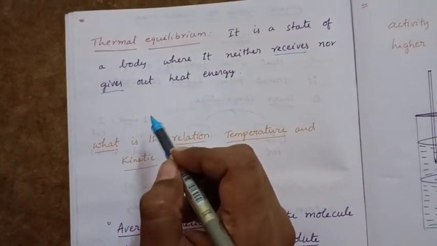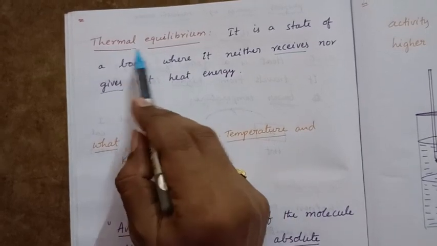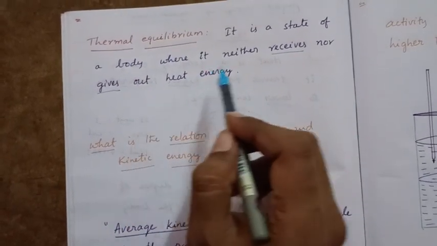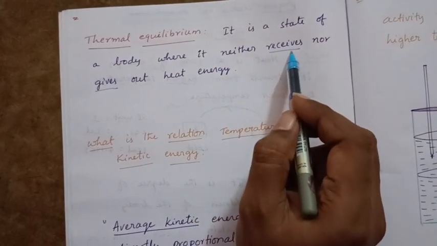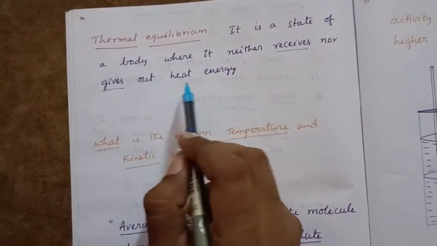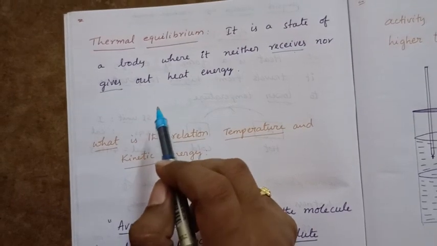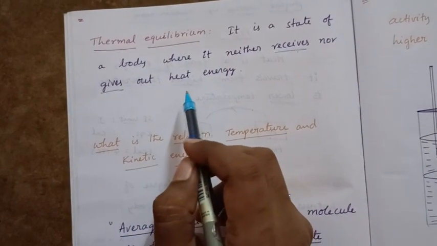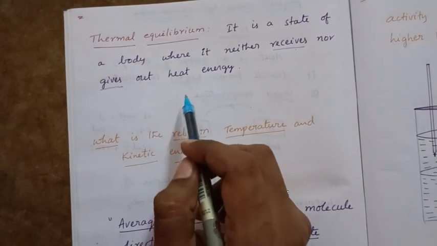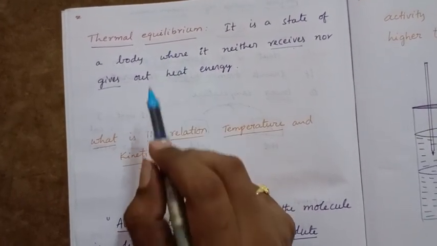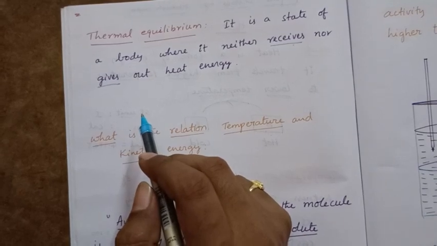That state is known as thermal equilibrium. It is a state of a body where it neither receives nor gives out heat energy.